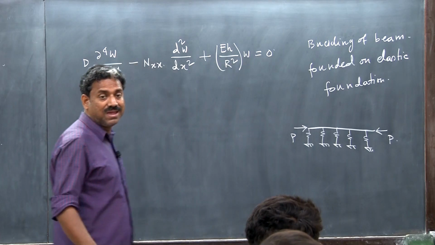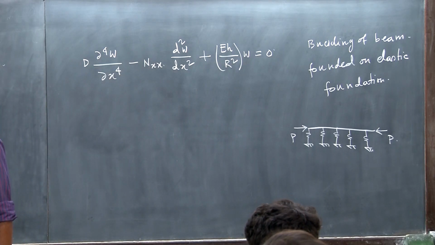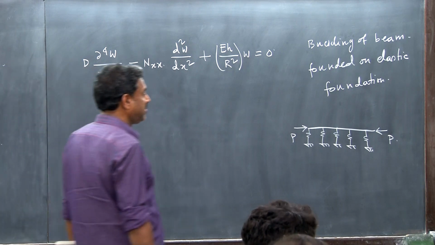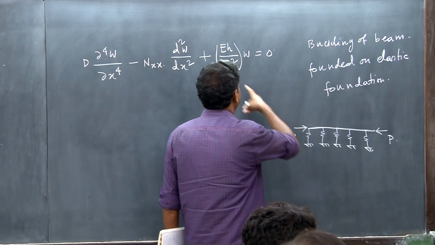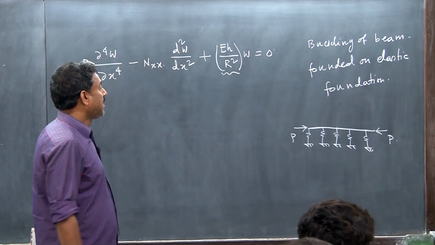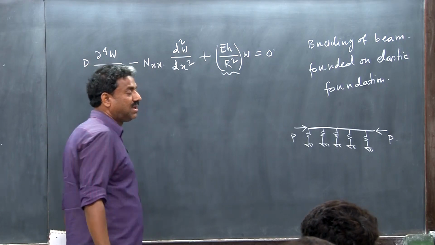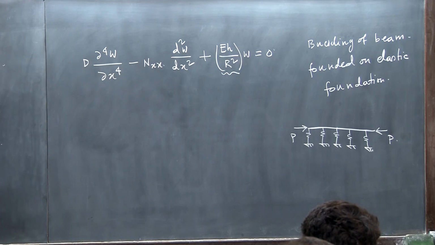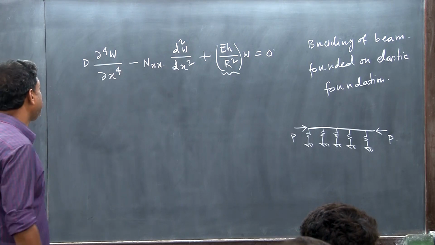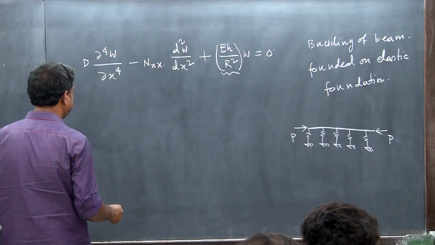Then as you see, the beam-column equation is EI d^4 w/dx^4, fine, plus whatever is the axial force P, d^2 w/dx^2, plus the additional reaction force that is going to come, which is k into w essentially. So, here effectively k into w is coming. So, E h by R squared is essentially contributing, and that will be analogous to the subgrade reaction, right. So, now we can solve this.